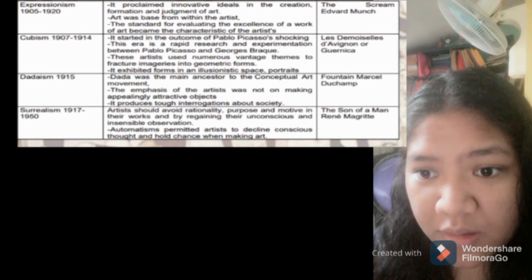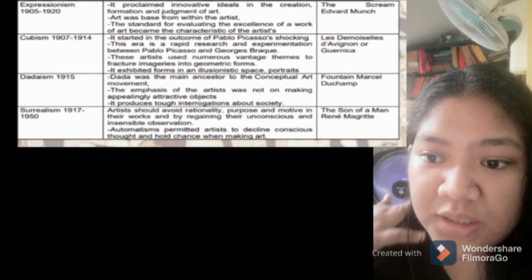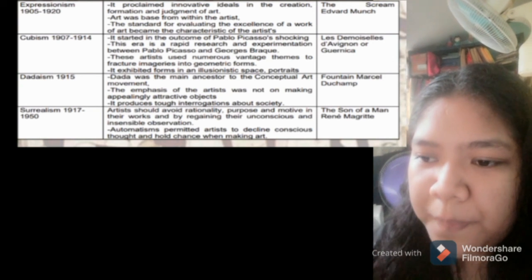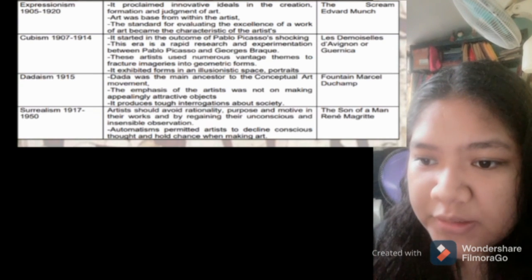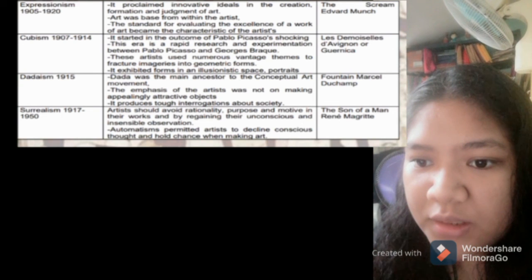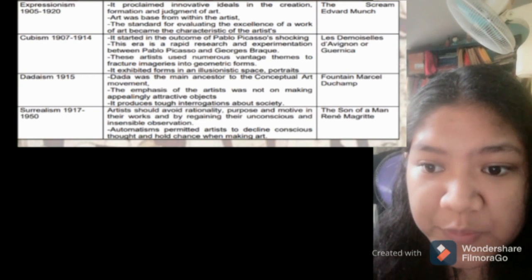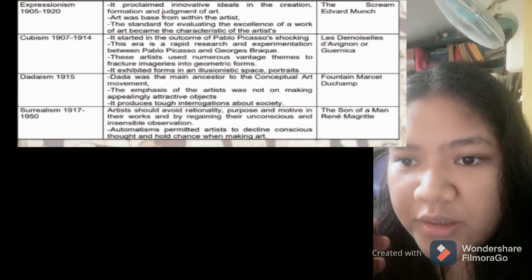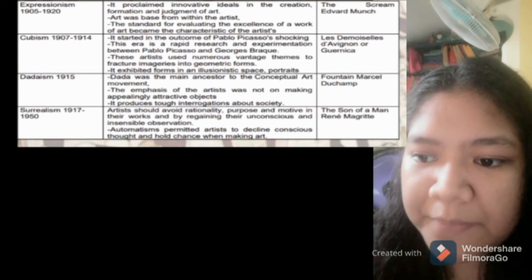So that's why some analysts analyze the painting that it is a surrealist depiction of Jesus' transfiguration. That's why it became the example of surrealism.